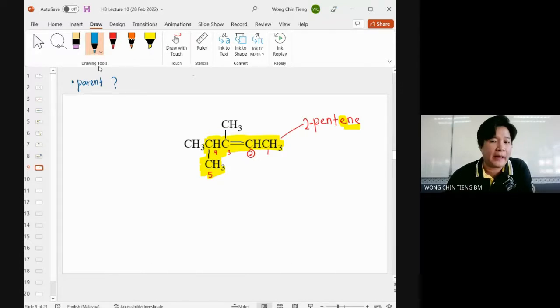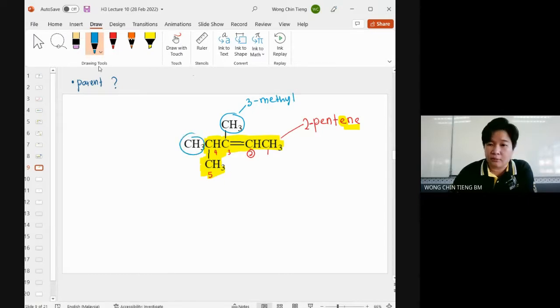Next, kita ada substituent. Saya ada substituent, kat sini adalah carbon nombor 3. So 3-methyl. Kat sini saya ada substituent lagi, your methyl group lagi, nombor 4. So you have your 4-methyl group. Methyl, methyl boleh. Okay, it doesn't matter. So you have your 3 and 4 over here. When you combine both of them, what would be their name?